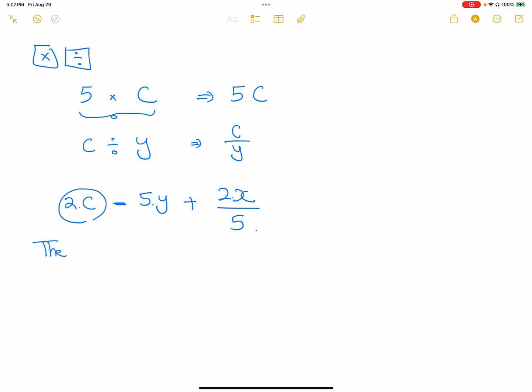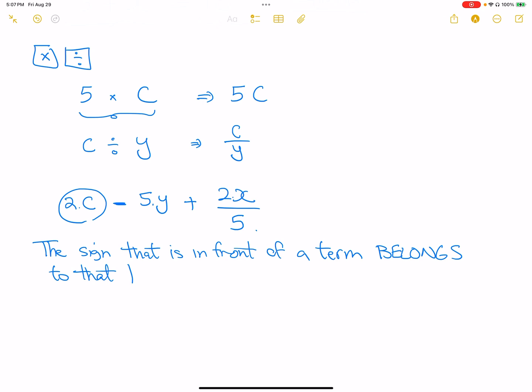Now, one thing we need to note here is signs. The sign that is in front of a term belongs to that term. So wherever it goes, it goes with it.